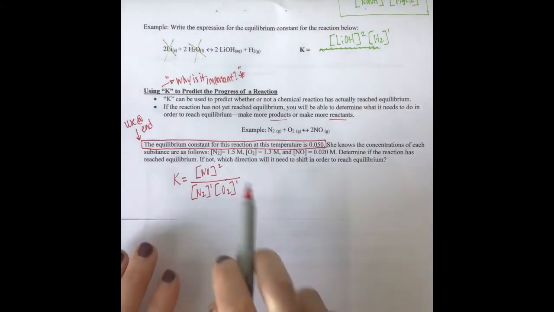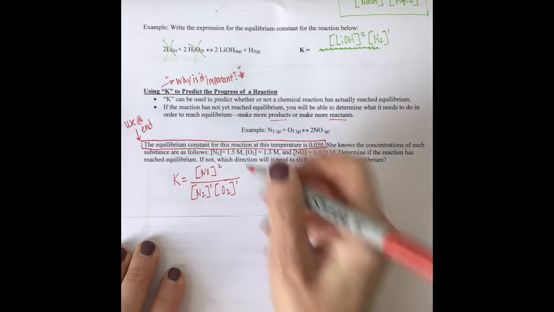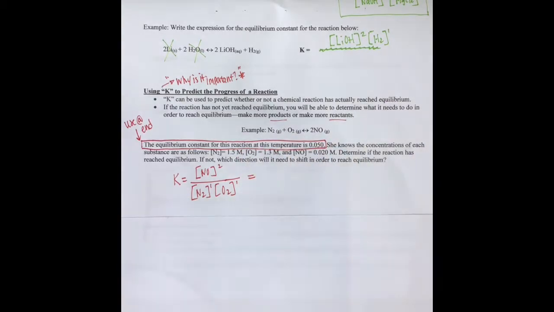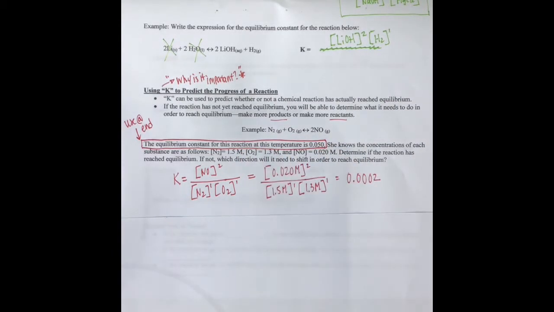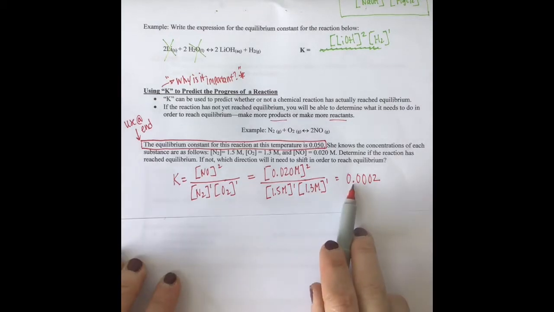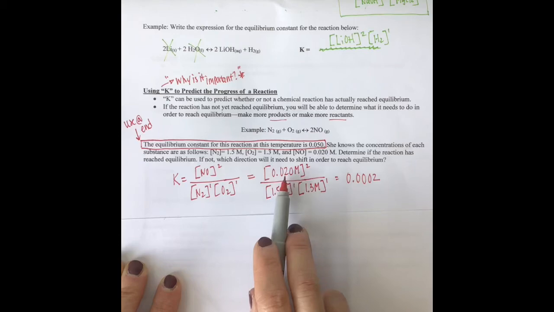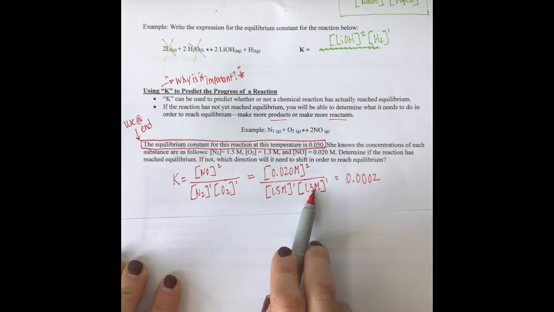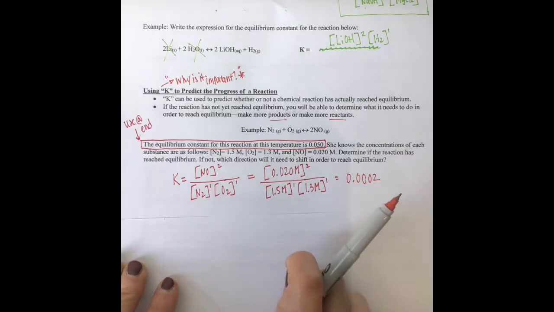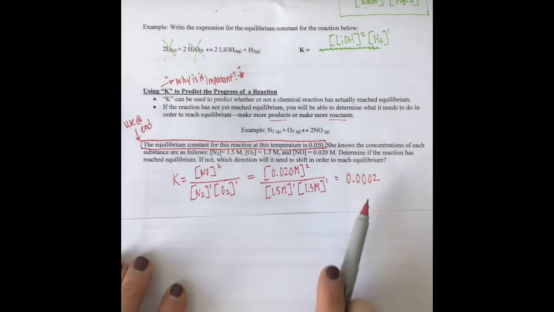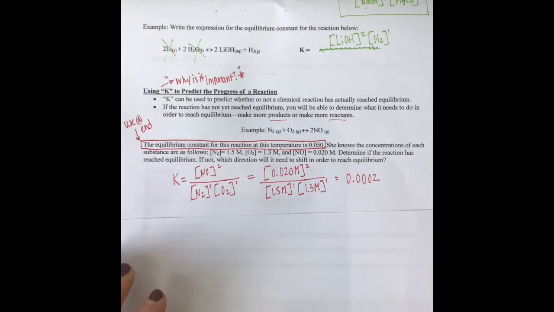Okay, so you're just going to take the values or the concentrations and plug those in, and let's get a value for K. All right, so here's what I calculated for K, 0.0002. If you didn't get that, take a look at the values that I plugged in, and then play around with how you're punching it in your calculator. But this is the number that you should come out with.